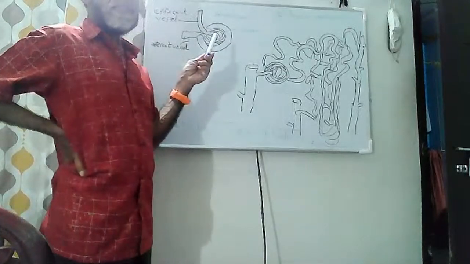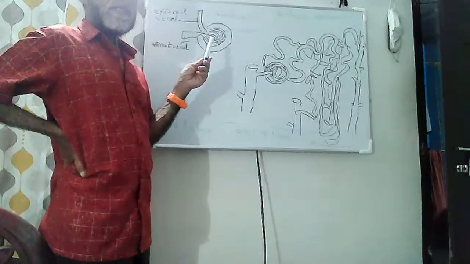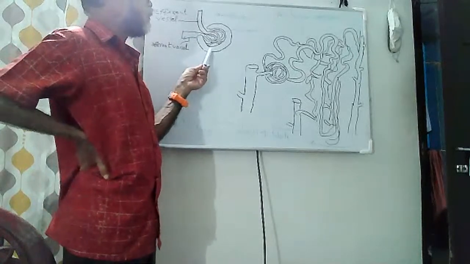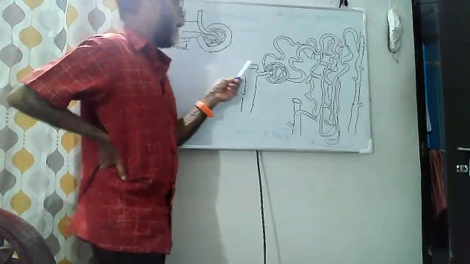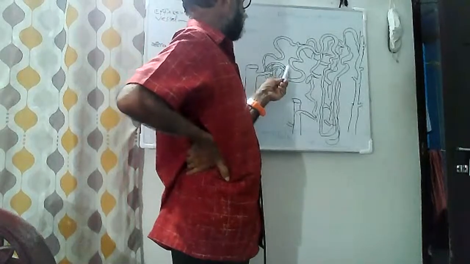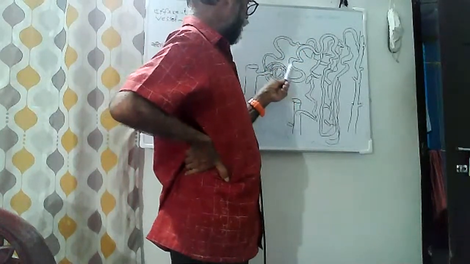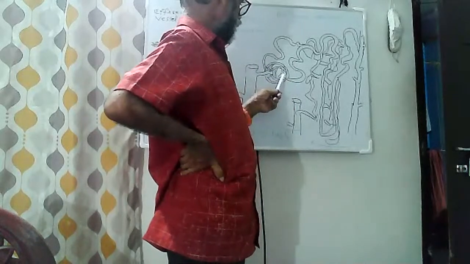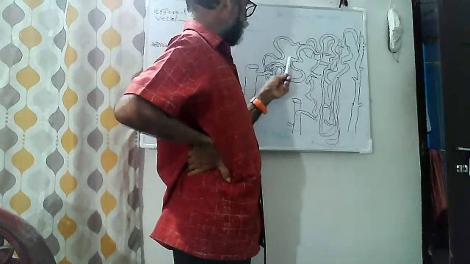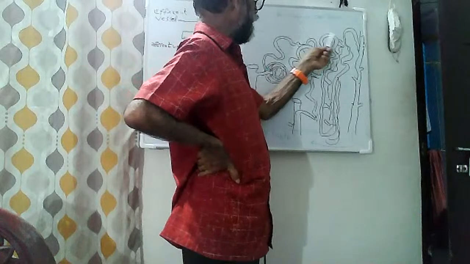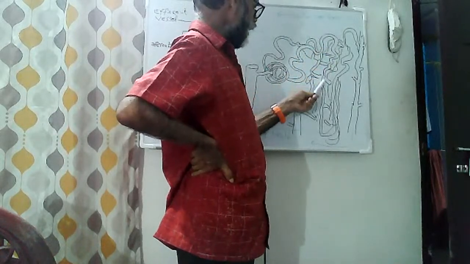Bowman's capsules will be seen in the cortex. As a continuation of the Bowman's capsule, there will be a tubule starting from here. The tubule is called the renal tubule.